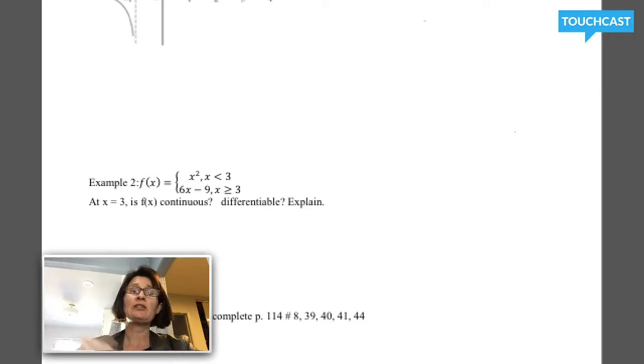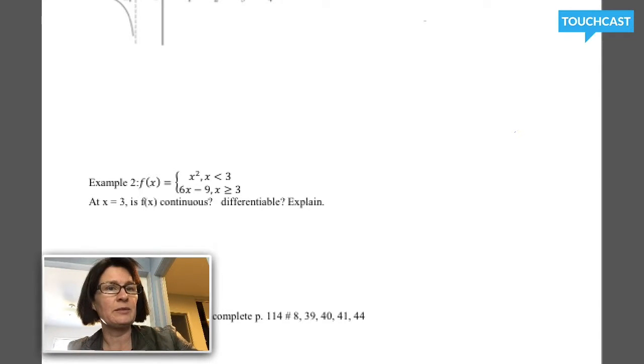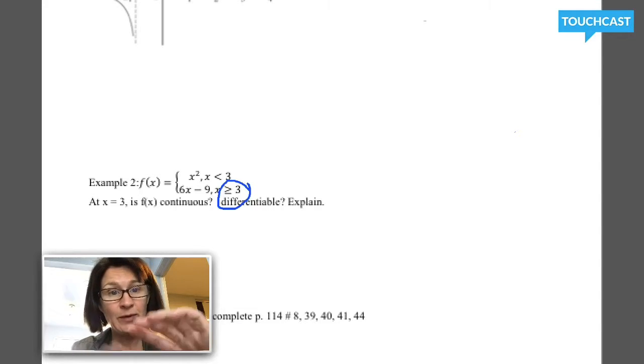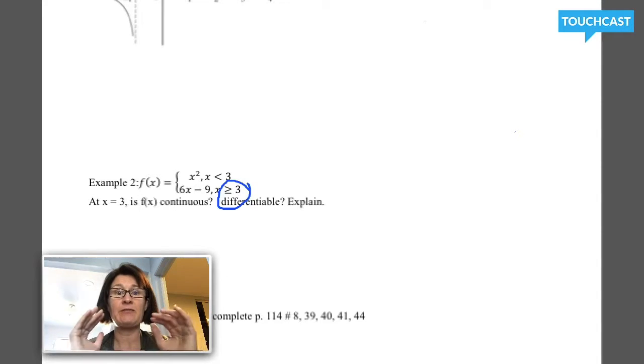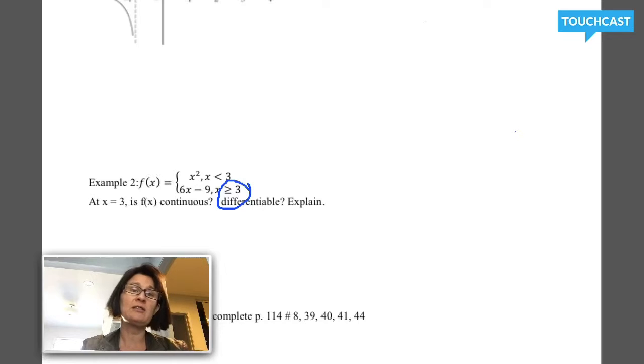As I approach x from the right, I'm starting with this one because this function rule is linear. And we have this nice way of figuring out the derivative of a linear function. Derivative is slope. Slopes of linear functions are constants.